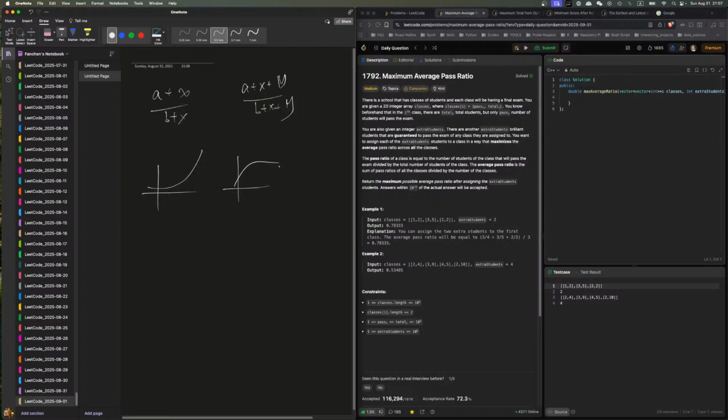If it grows like this, then the best bang for the buck is to add 1 to every single one. So there are two things in concern, but I am not very sure which one is the best way to go. I don't know.